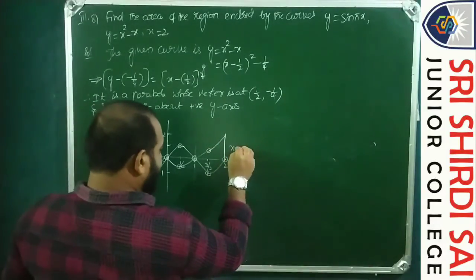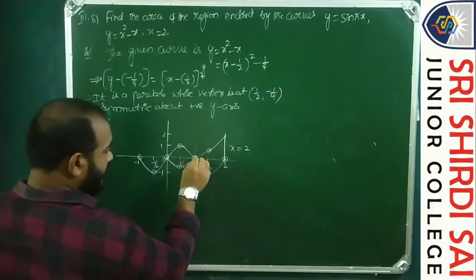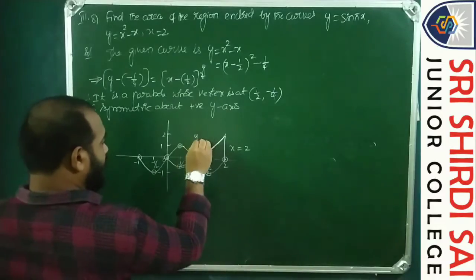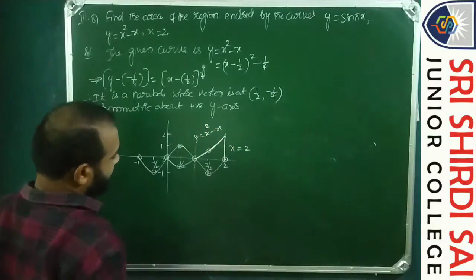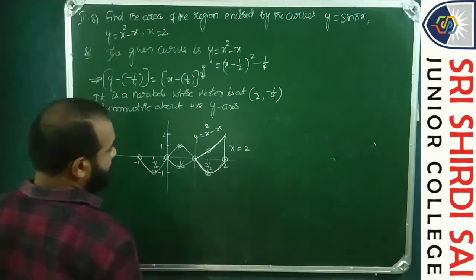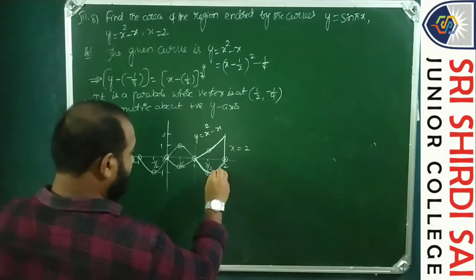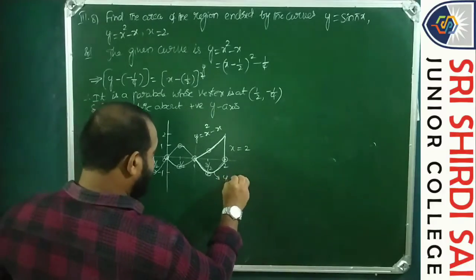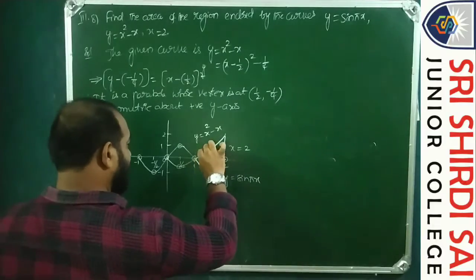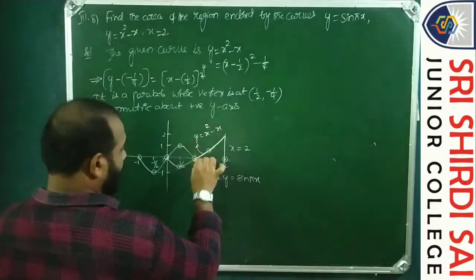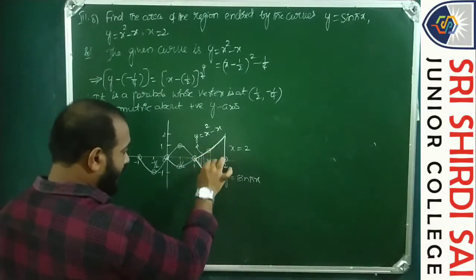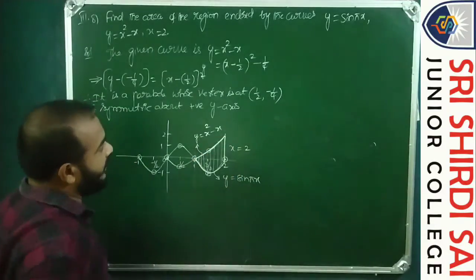So this is x = 2, this is y = x² - x, and this is y = sin πx. This is the area of the region bounded by the two curves that we want to find.